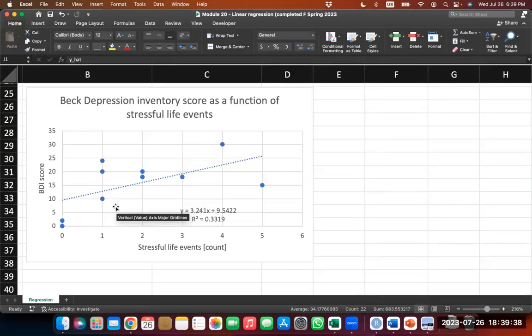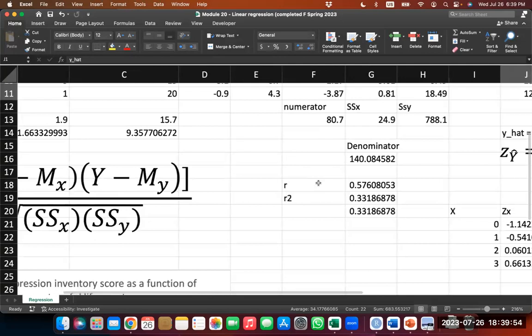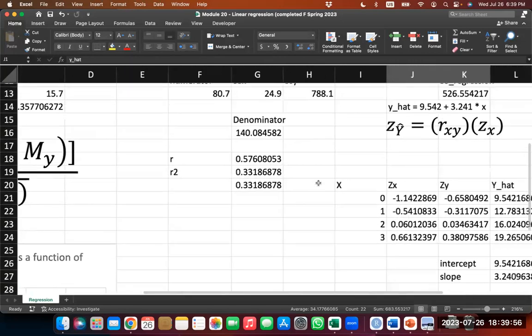It's one of the oldest surveys that's around. And it's the number of stressful life events. So you get your regression function. Let's say you want to estimate your slope. You can do this essentially by calculating.